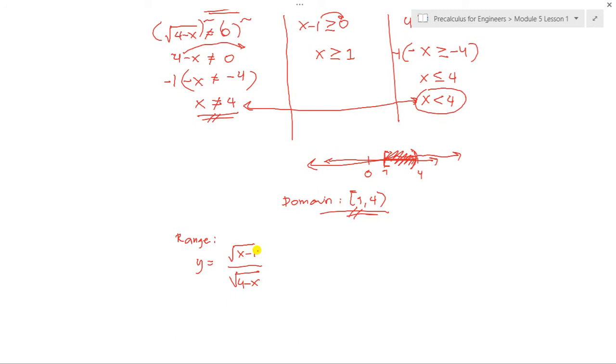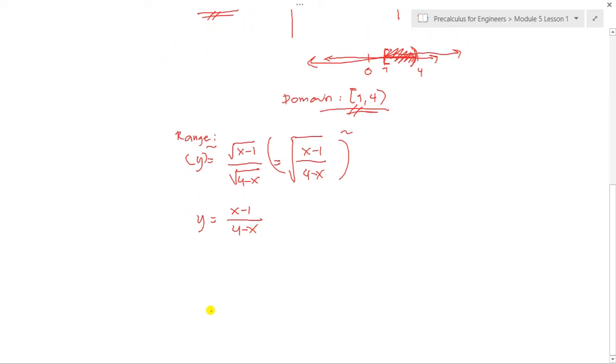So yes, I think ma-solve man nato ni siya in terms of x alone. Okay, we can rewrite this as square root of x minus 1 over 4 minus x. Diba remember our rules in radicand? And then here, we can square both sides, diba? So mahimo na siyang y squared is equals to x minus 1 all over 4 minus x.